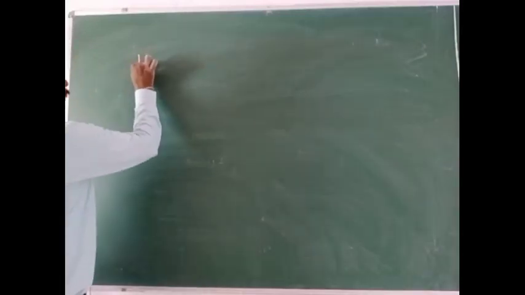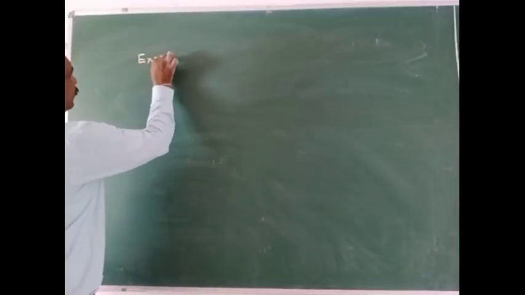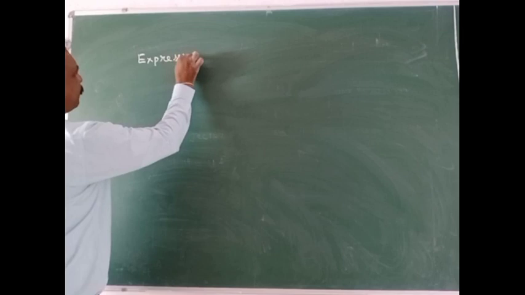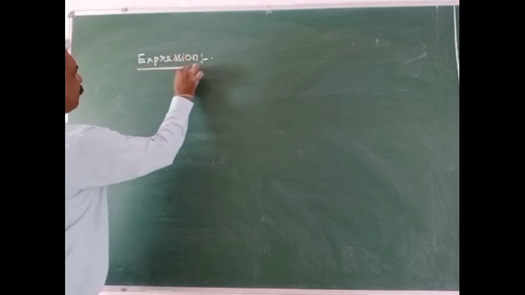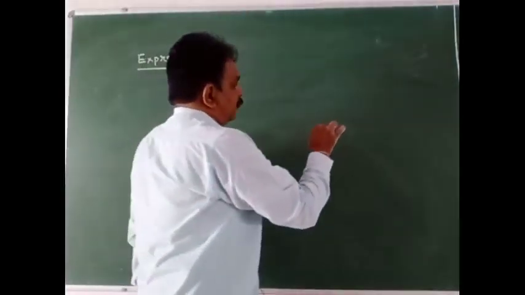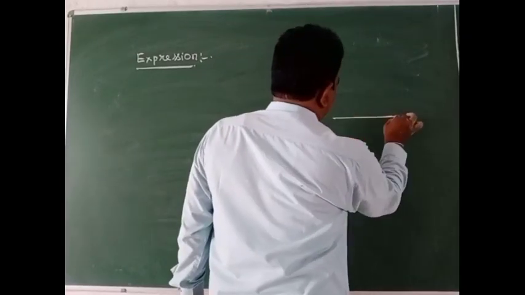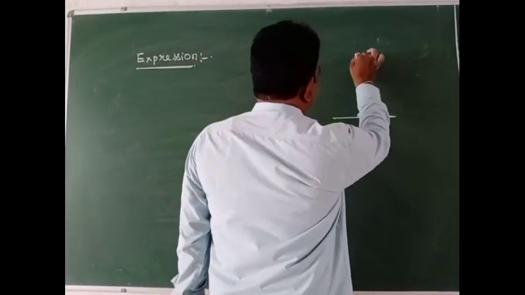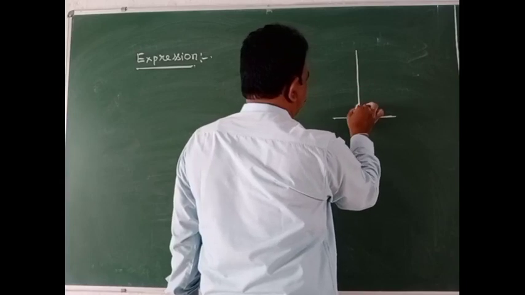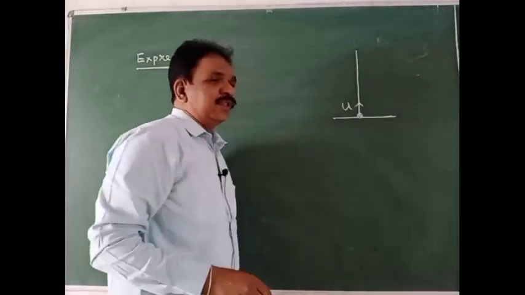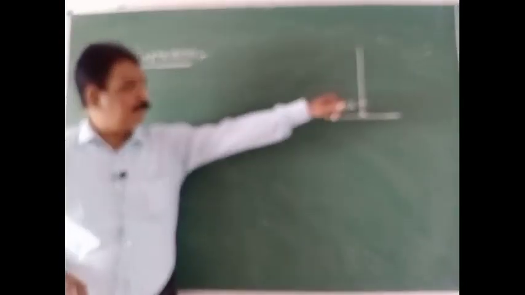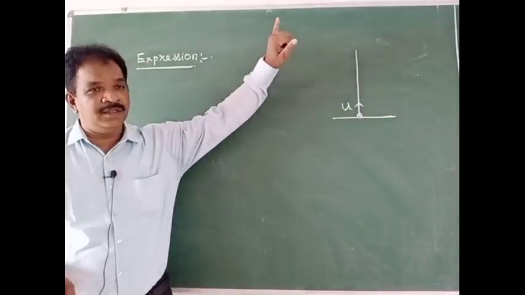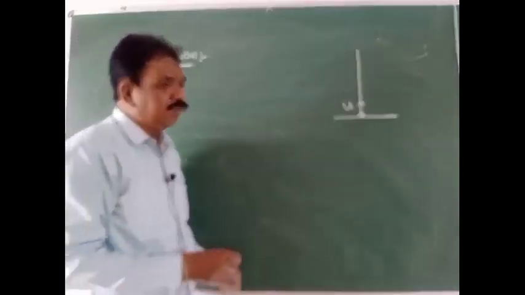What is the expression for maximum height? Clear? Here this is the ground. From here a body is projected with velocity u.